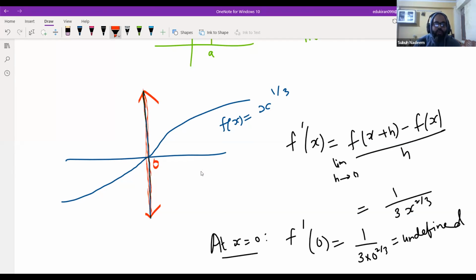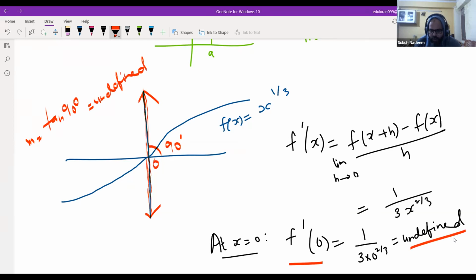Since its slope is undefined, the angle it makes with the x-axis is 90 degrees, and tan of 90 degrees, which is the slope, is undefined. Tan 90 is undefined. So that is why f dash of 0 is coming out to be undefined from this formula also.